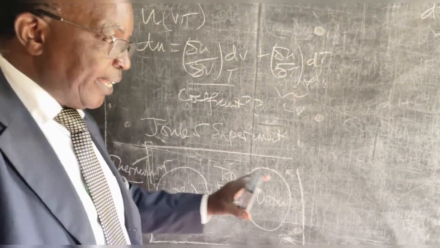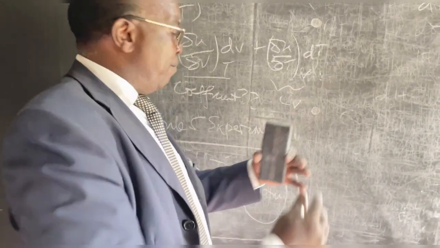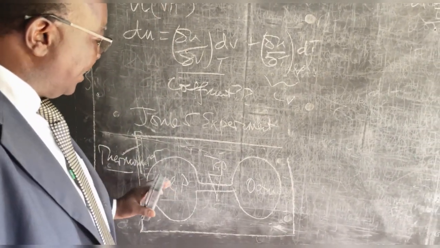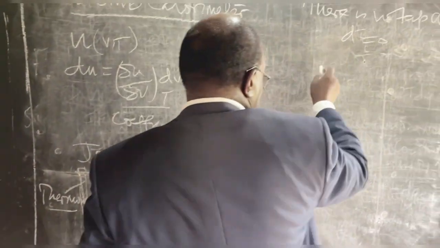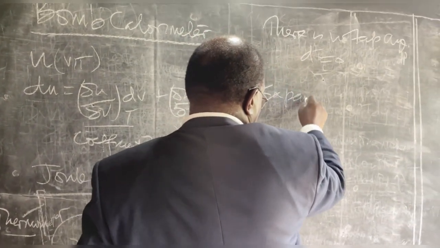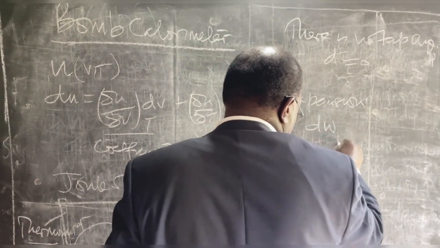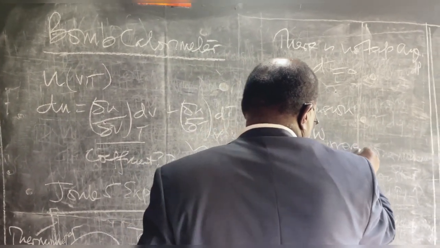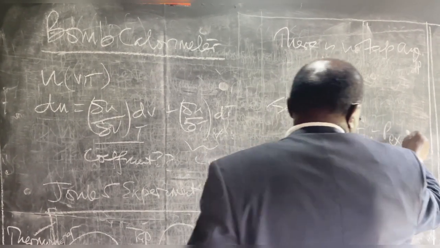In that case, if it's a piston, it is quasi-static. You don't even see the movements. So in this particular case, the expansion is an irreversible work, so we talk of dW for irreversible work, and that is minus pressure external dV.